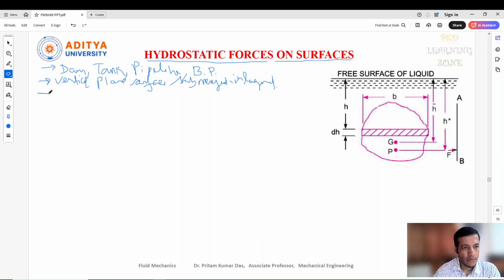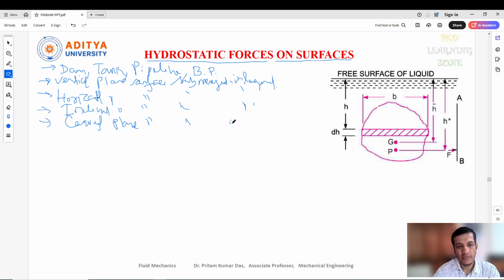Next is the horizontal plane surface submerged in liquid. Next is the inclined one, and another one is the curved plane. These are the different types of surfaces submerged in liquid.